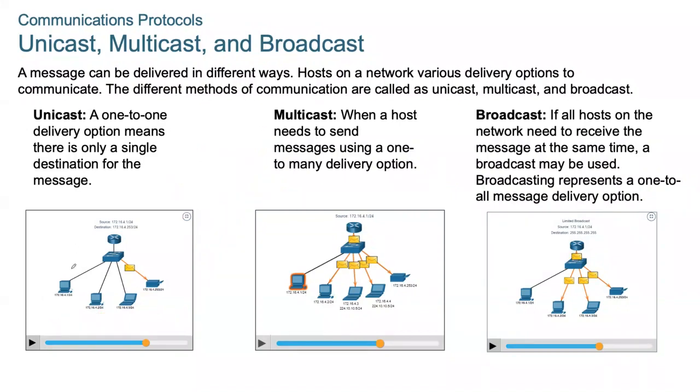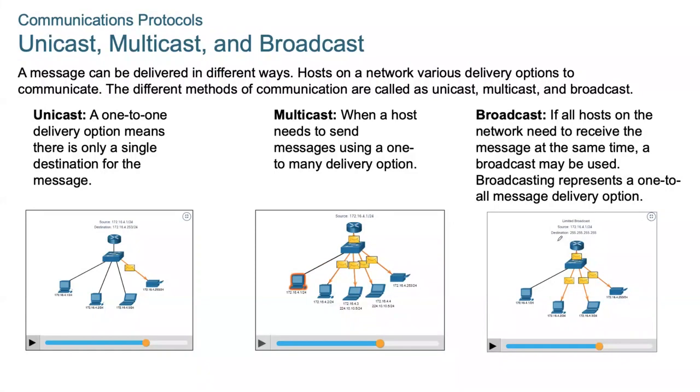So unicast means there is a one-to-one delivery option. If this user is the sender and this user is the destination or receiver, then the packet goes through the switch and is delivered to only one user. Multicast means when a host needs to send a message using a one-to-many delivery option, the sender can send these packets to a group of users, or they may send to every user in the network, which is called broadcasting.